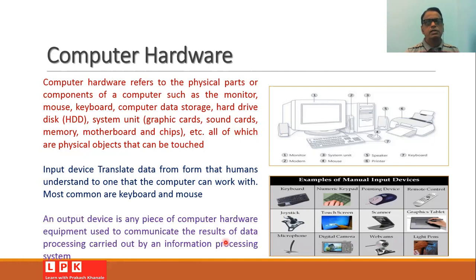An output device is a specific device that can be used to communicate the results of the data processing carried out by the computer system. Whenever the computer processes the data, it produces certain output, and through the output device we human beings can understand the output of the computer system.